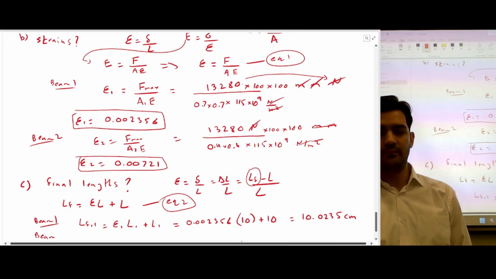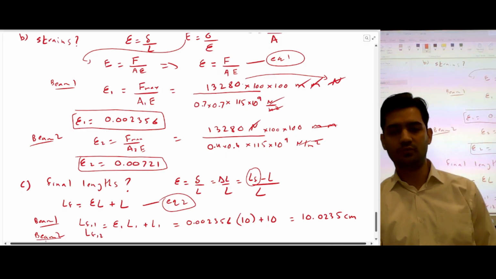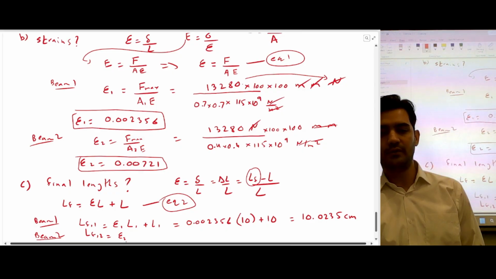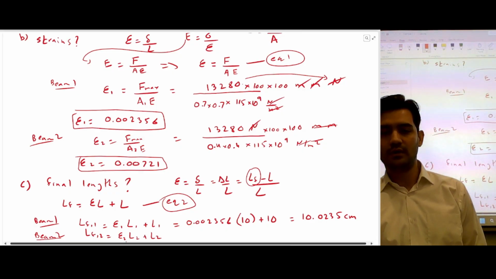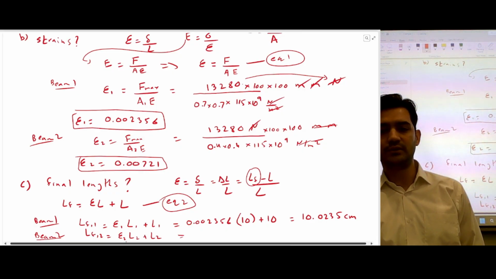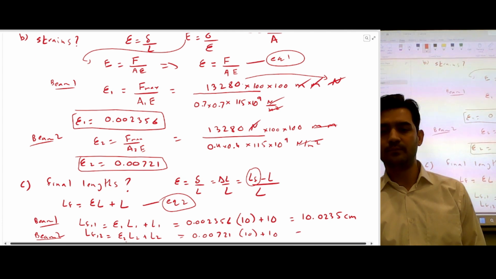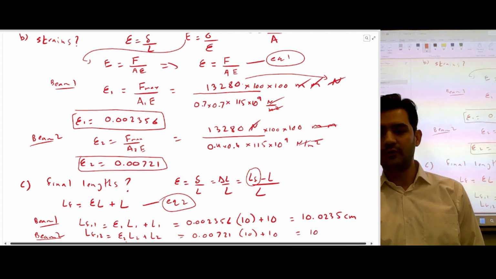And for beam 2, the final length for beam 2 would be equal to strain times L2 plus L2. We have already calculated the strain, which is 0.00721, and the length is the same. So it's like 10.072 centimeter.